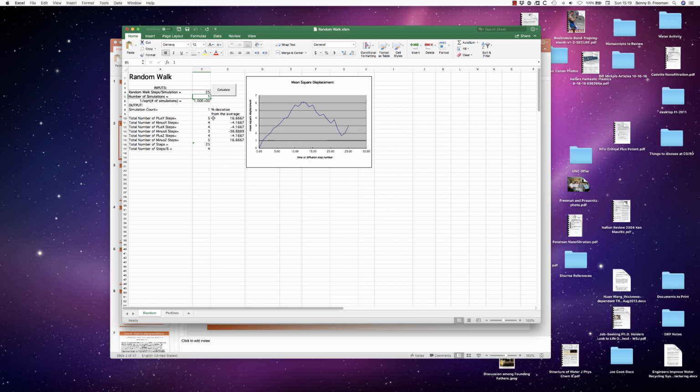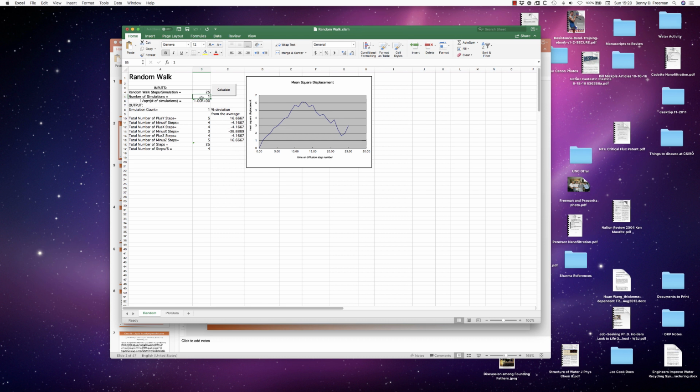And you can see that the number of steps in the plus and minus y direction and so forth, if this were a truly random process with large numbers, these values of steps in different directions would be almost equal to one another. And you can see that the percent deviation in the number of these steps away from the average is quite significant when the number of simulations is small.